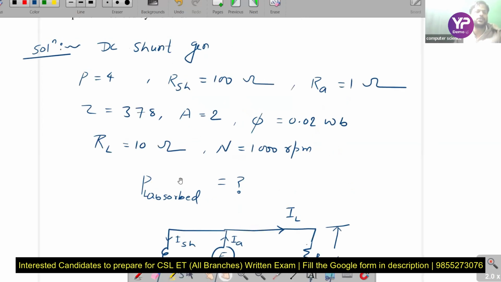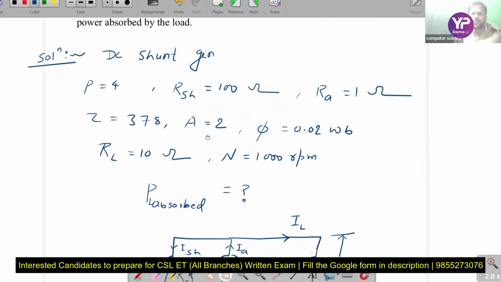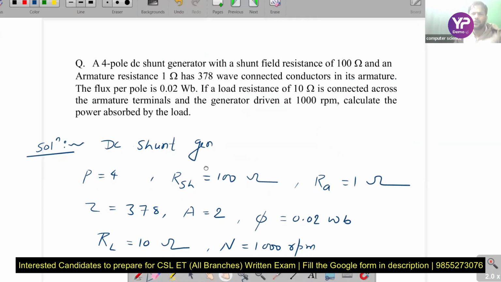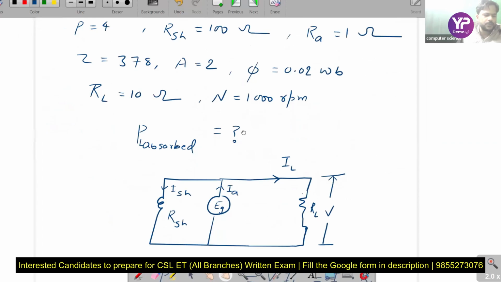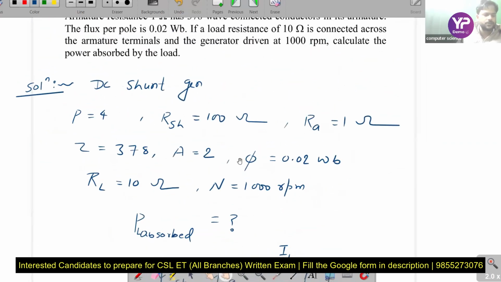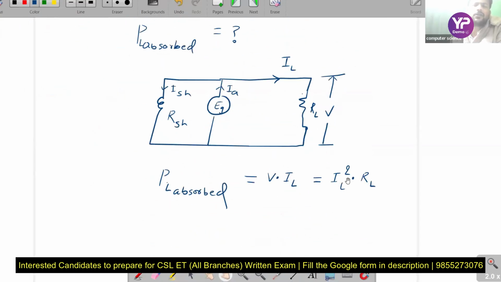V is the voltage across the load, and the voltage across the load is not mentioned, so we need to find the current.